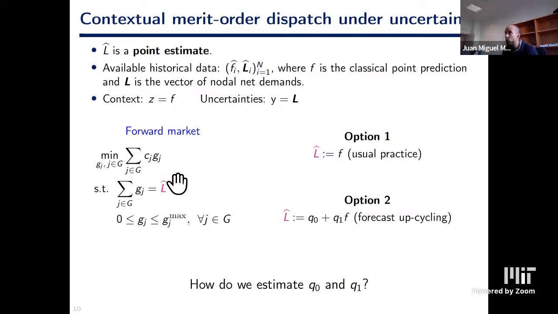With that new value coming from this linear function, we insert that value here. We clear the forward market with that value, right? And then we dispatch our system. Then we have to evaluate that dispatch during the real-time operation of the power system. It can be a more economical dispatch or a less economical dispatch, depending on how smart you have been when setting the value L hat in this forward market.